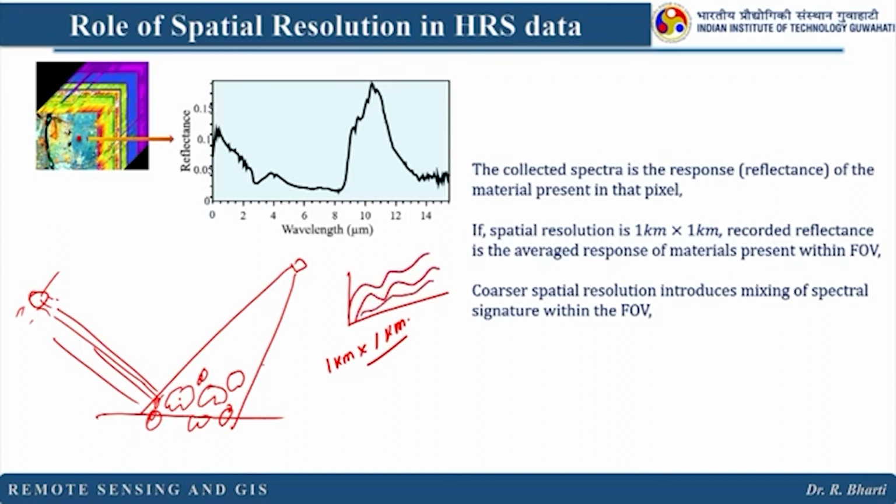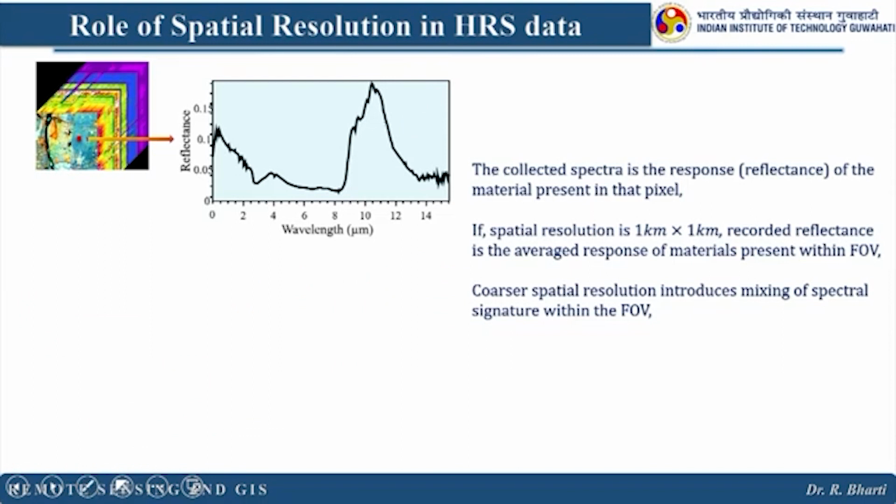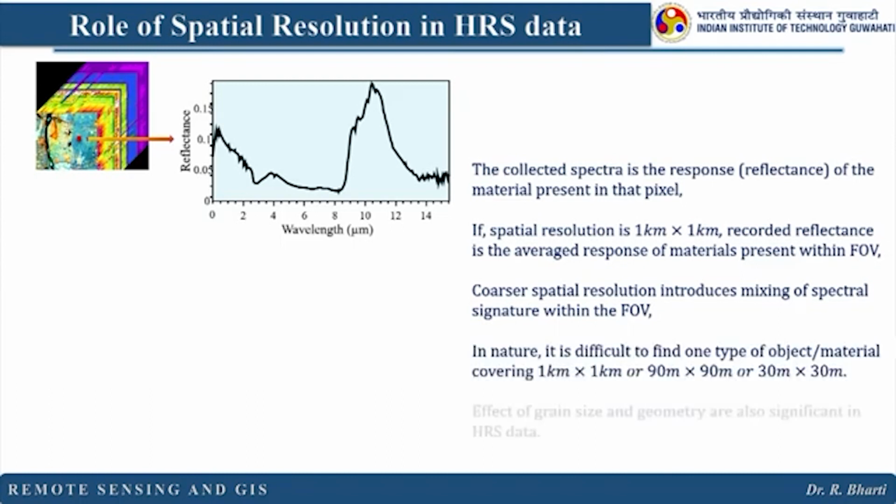But since my pixel size is bigger and contains all of them together, they will be averaged, right? And then ultimately you are getting this kind of spectral signature. So this again tells you that coarser resolution introduces mixing of the spectral signature within the field of view, right?